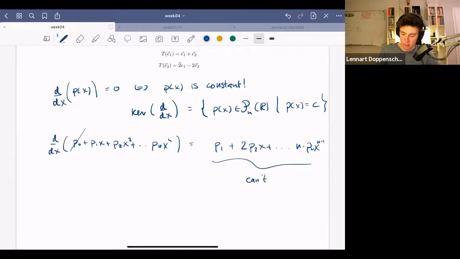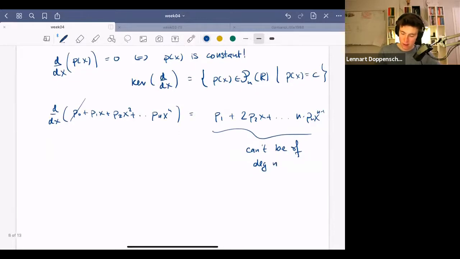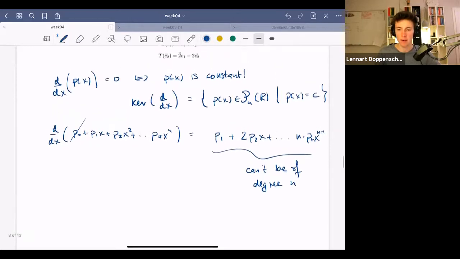This can't possibly be of degree n. But every polynomial of degree n minus 1 can be found.